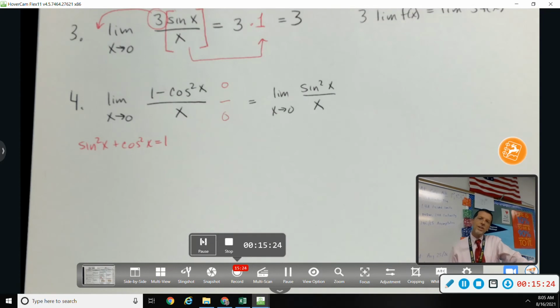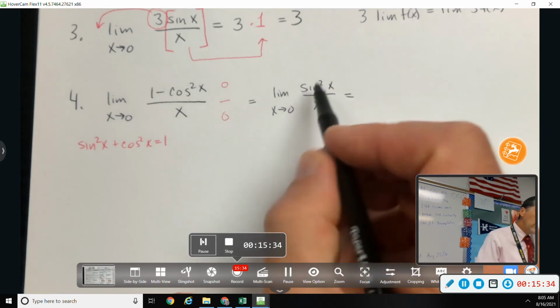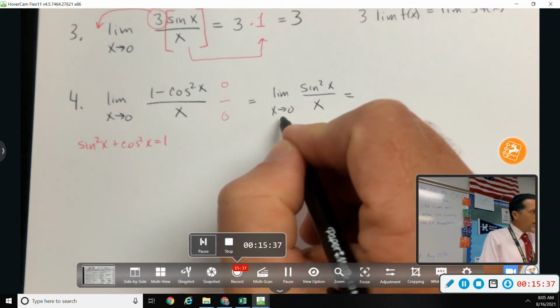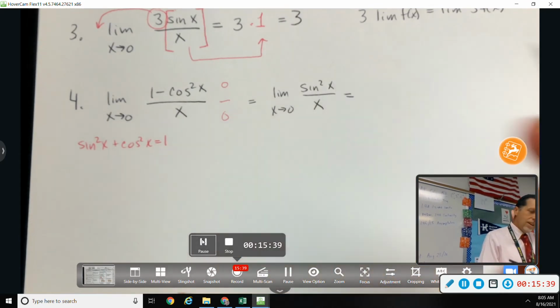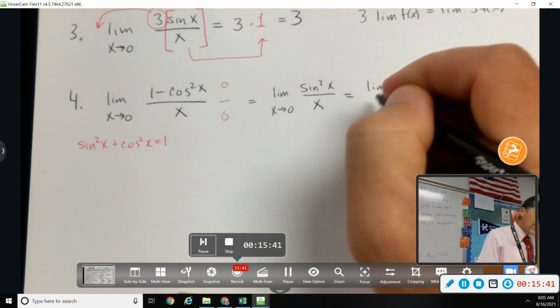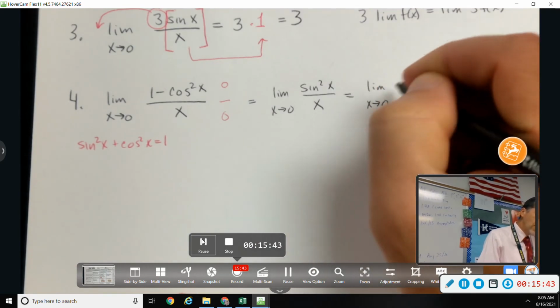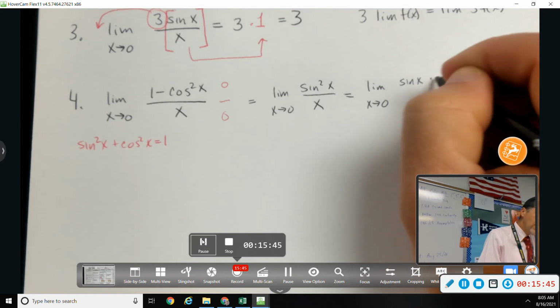Well, that's still not what we want, right? That's still not sine x over x. So I can't pull a sine out in front of the limit because there's an x in there, but you're on the right track. Instead of pulling out a sine, I'm just going to rewrite it as sine of x times sine of x.